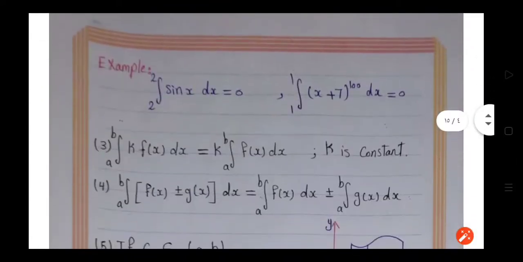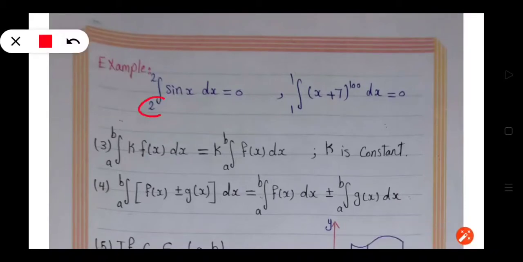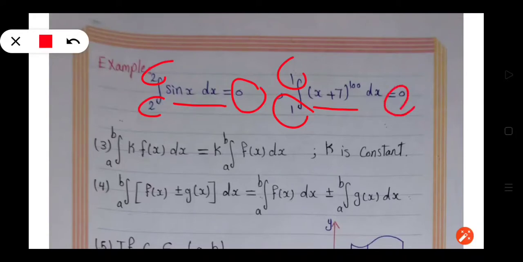For example, integration from 2 to 2 of sine x dx equals 0, and from 1 to 1 of (x plus 7) to the power 100 also equals 0. Assume that a and b are equal, that means the value will equal 0.